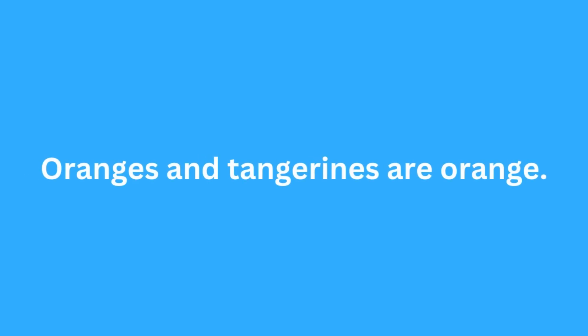Oranges and tangerines are orange. Grapes are purple, red, or green. Blueberries are blue.